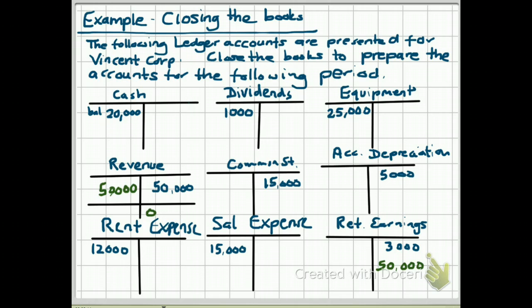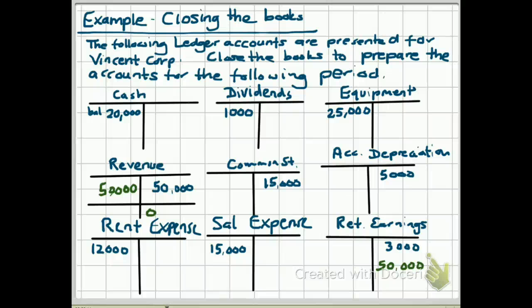Next, let's take a look at the expense accounts. We got two expenses here, rent expense and salaries expense, and we're going to close it out. Again, closing out means setting the balances to zero. How do we do that? They both got debit balances, so we need to credit an equal amount to make those balances go to zero.